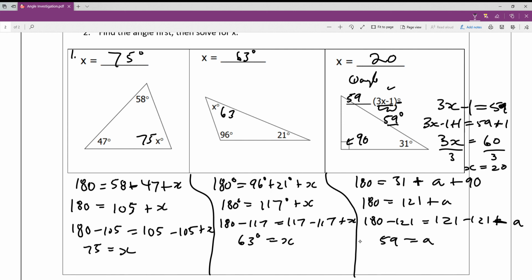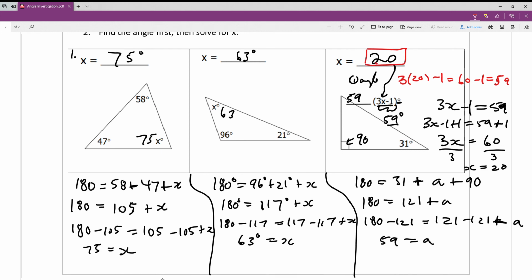So we can verify our answer by putting 20 back into x to see that we get the right angle. So let's try that. 3 times 20 minus 1, which equals 60 minus 1, which equals 59, which works. Okay, so the answer is x is equal to 20.